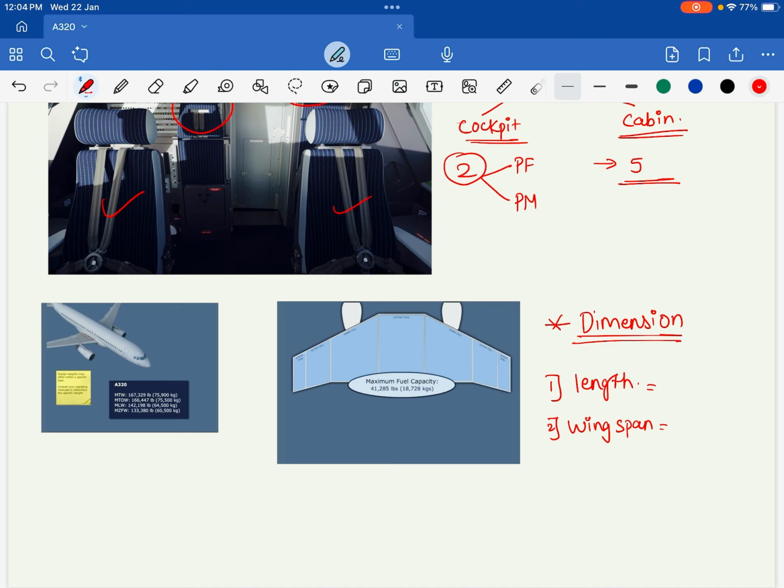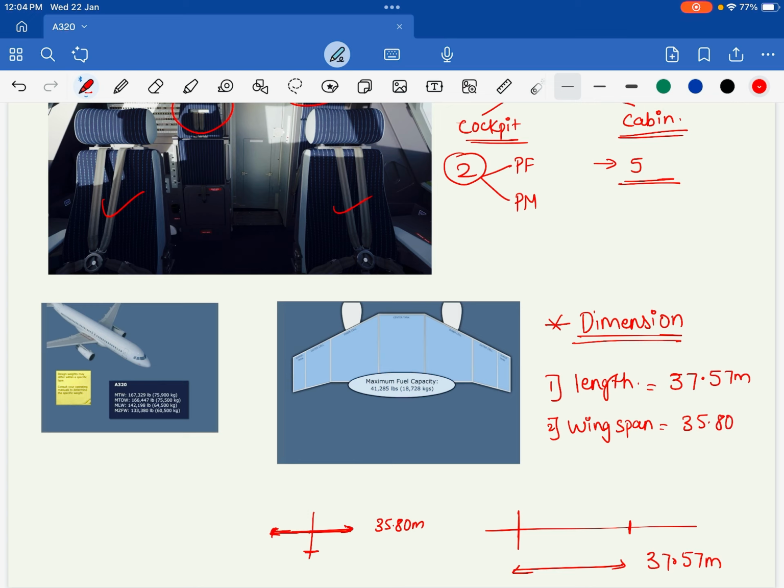But just for general understanding, length of 320 aircraft is 37.57 meters. And what is the width? Width is basically the wingspan. Wingspan of the aircraft is 35.80 meters. So you have to remember these values.